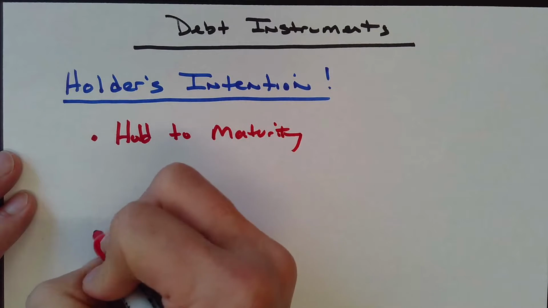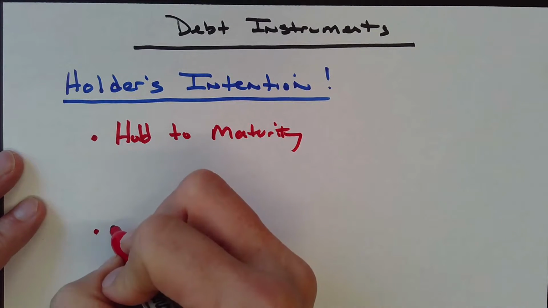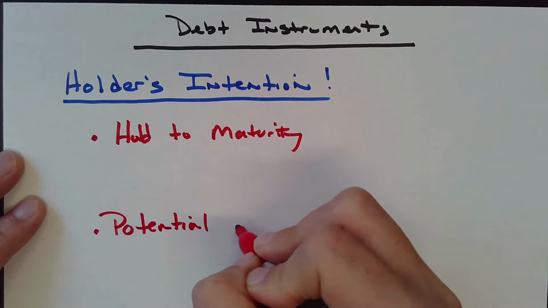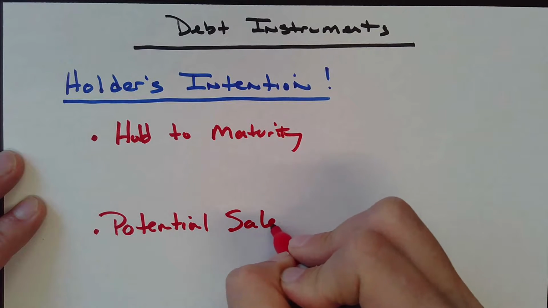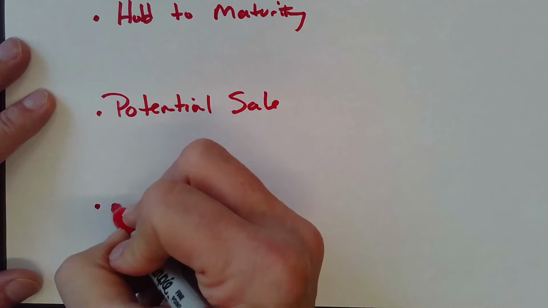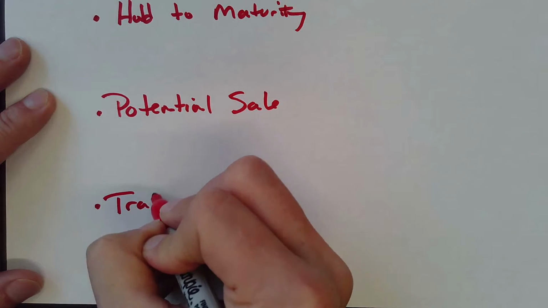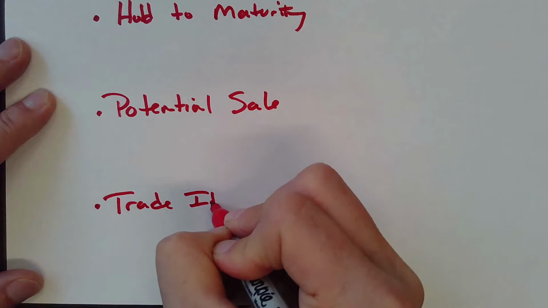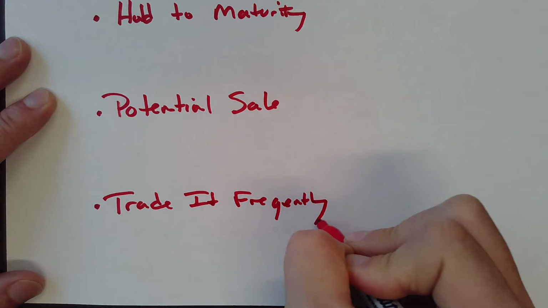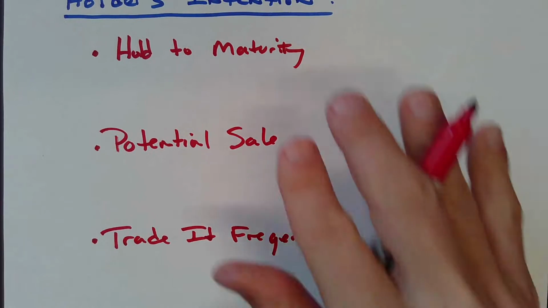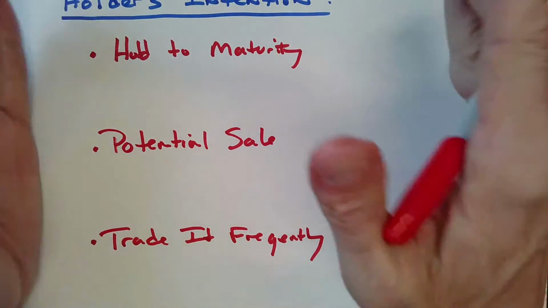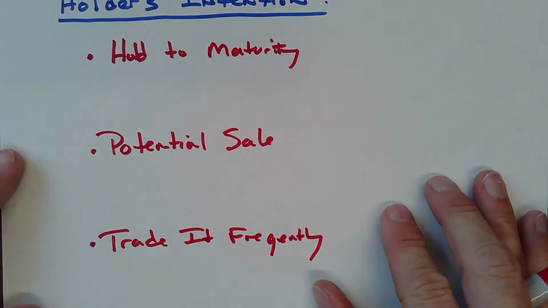They can have the intention to potentially sell it, a potential sale, or their intention is to trade it frequently. Okay? Three different intentions, three different accounting.